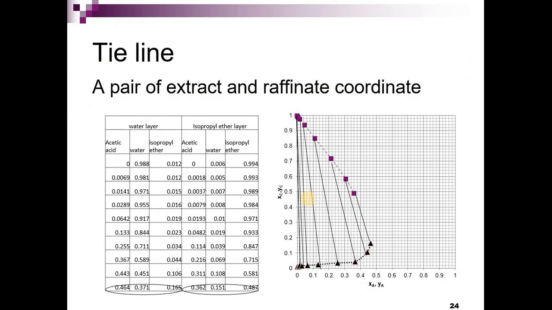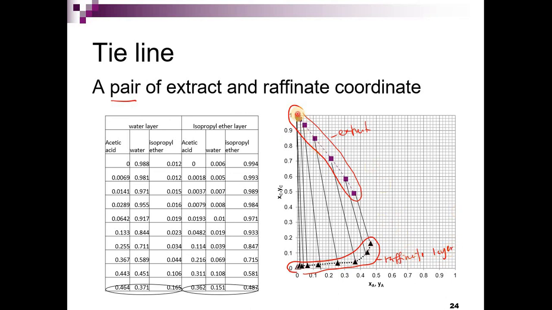Okay, what is a tie line? So a tie line is actually a pair of extract and raffinate coordinates. A pair means, as I mentioned, this is the extract layer, this is the raffinate layer.